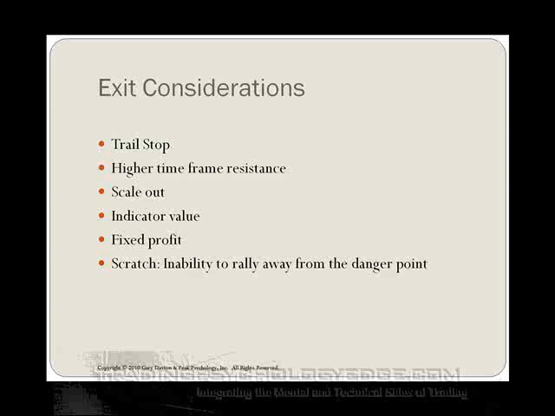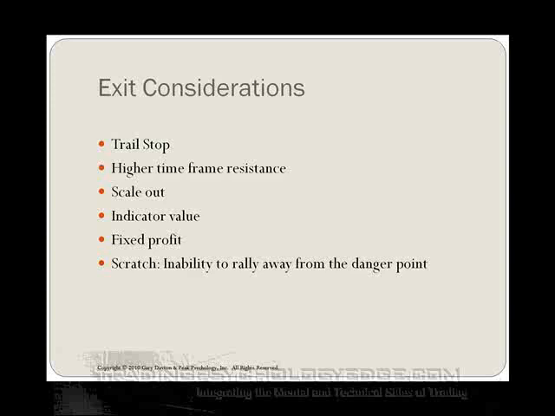You can also have an indicator value, for example, a close above a moving average, or maybe it's a moving average of highs, and you close out at that, or maybe it's an RSI value of, I'm making this up, but 80. Something you can do with this. You can use that as an exit consideration. This would be the least preferable, in my opinion.